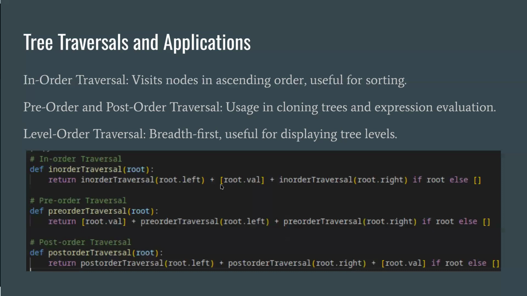Pre-order and post-order traversals are helpful for deep copies of trees or for binary tree evaluations. Level order traversal, because it goes level by level using a queue, is excellent for visualizing tree structures.